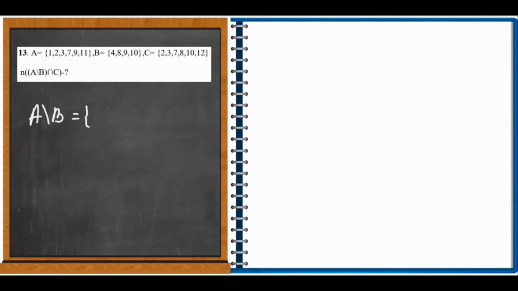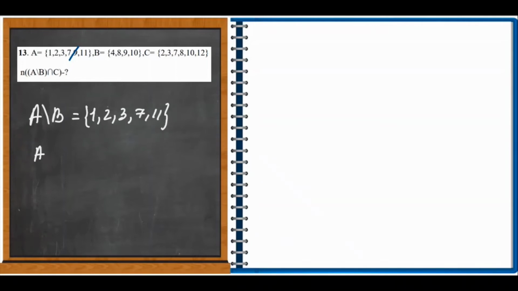So we have elements of A and elements of B. We should subtract elements of B from A. So in B we have 4, which is not in A. 8, it's also not in A. 9, this 9 must not be in A because we must take away the elements of B from A. Now 10 is not there, so it's going to be 1, 2, 3, and 11, 7 and 11.